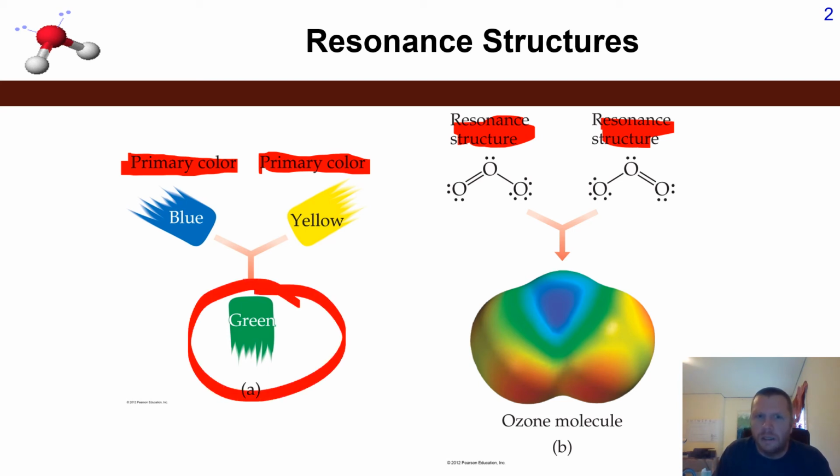So the green in this case is a combination of those two. So we've got resonance structures from ozone, which is O3. In one model of O3, you've got a double bond on the left-hand side, and on the other representation, you've got a double bond on the right-hand side. So the actual resonance structure is the average of those two.